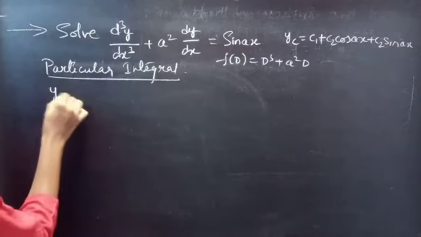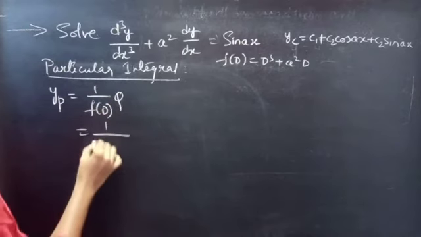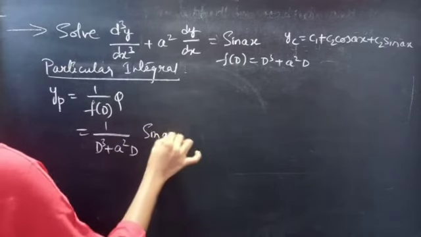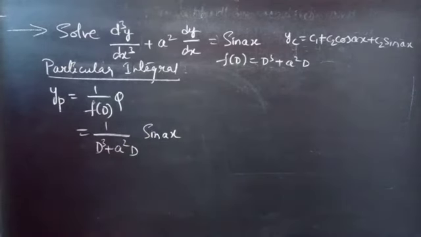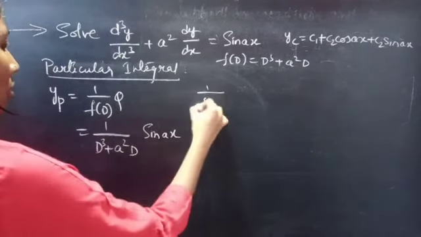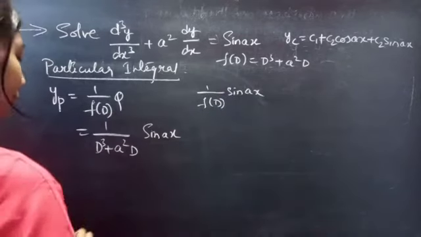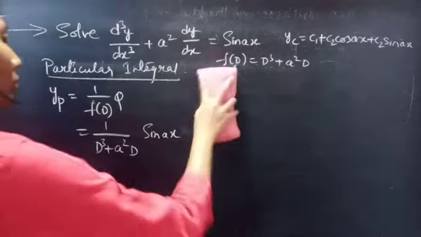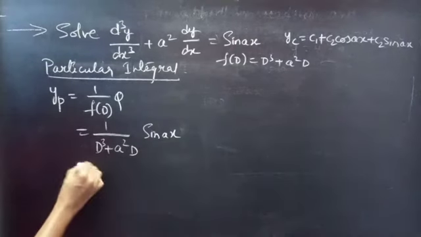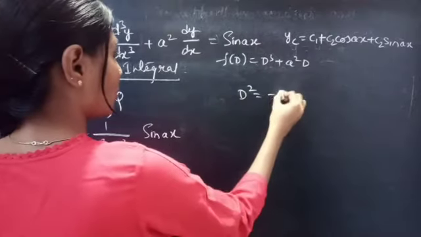Okay, fine. Now let's find the particular integral. We know that the particular integral is given by yp equals 1 by f of d into q. We have f of d as d cube plus a square d, and q is sine ax. So we have yp as 1 by f of d into sine ax, of the form sine bx with b equals a. Now, we can solve this in two ways. Firstly, we have to find d square, which is given by minus a square.